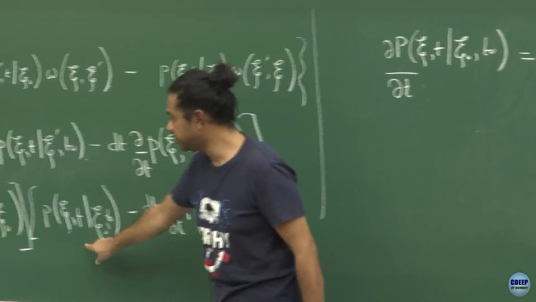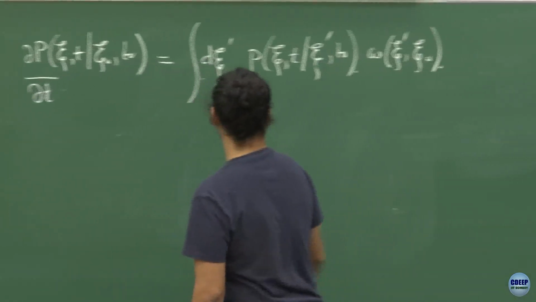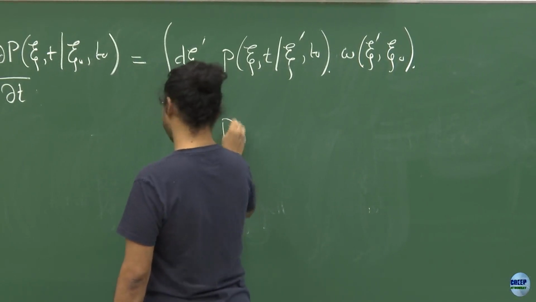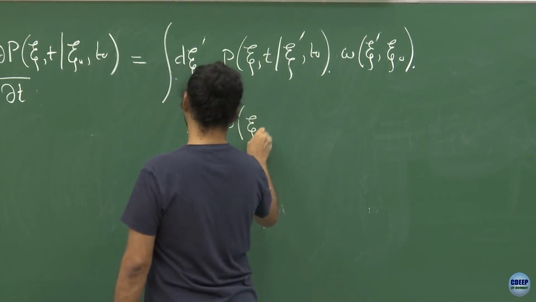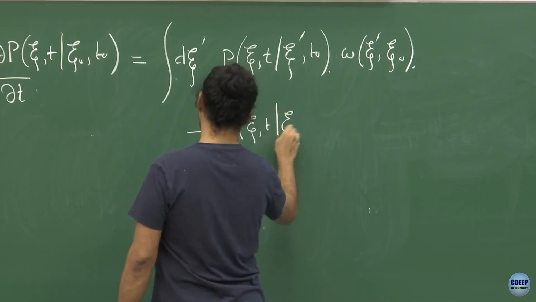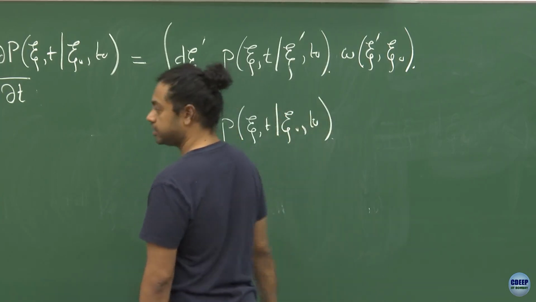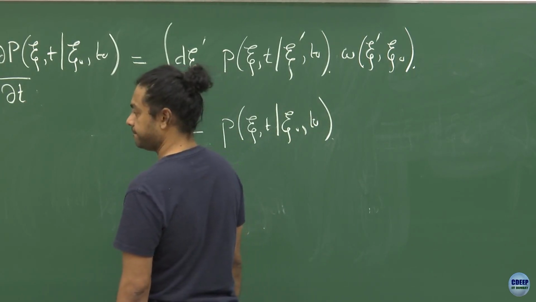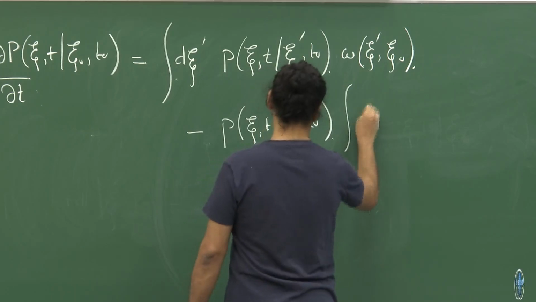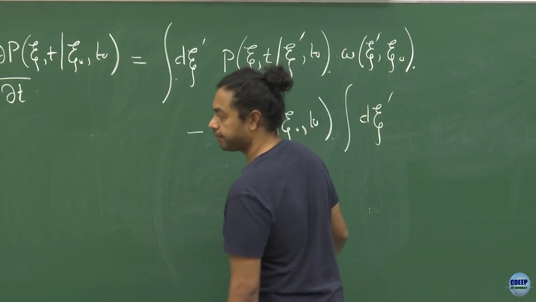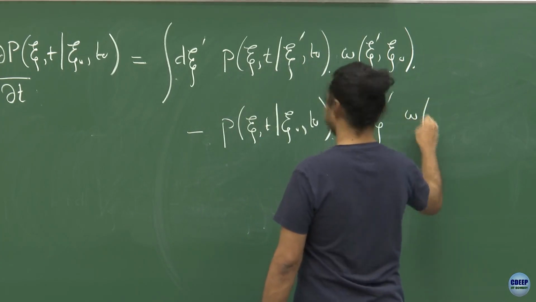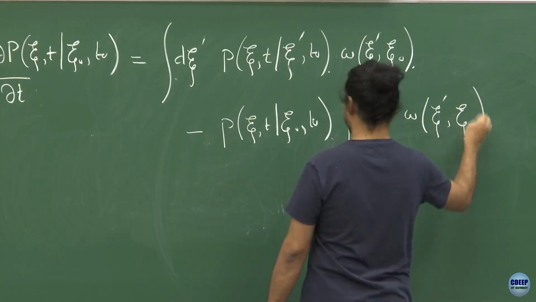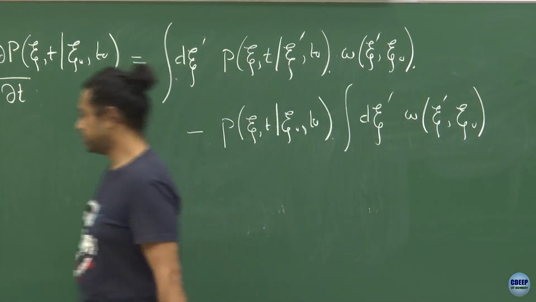And then the only term I have left is this: minus p of psi t given psi naught t naught, integral d psi prime, omega of psi naught to psi prime, times omega psi prime to psi, I hope I have this correct.